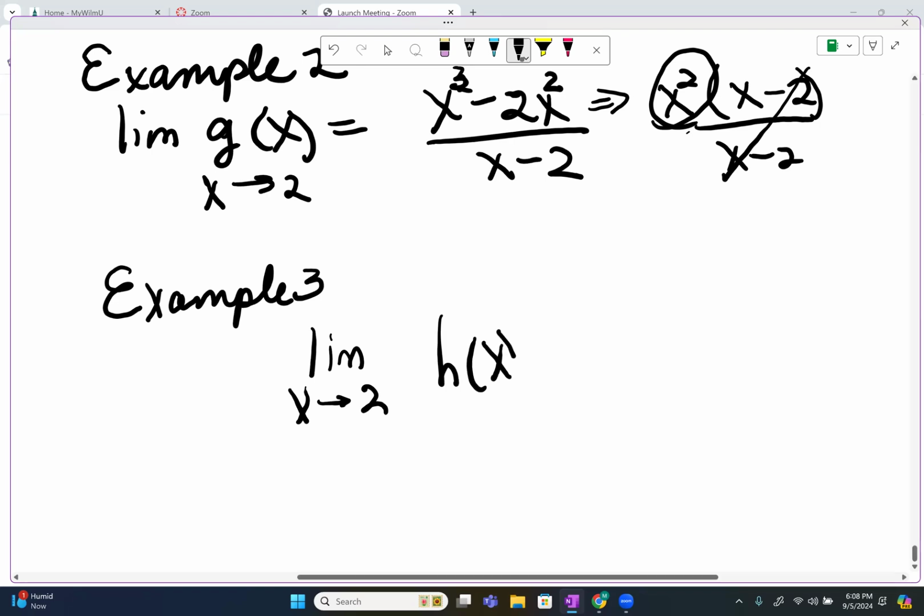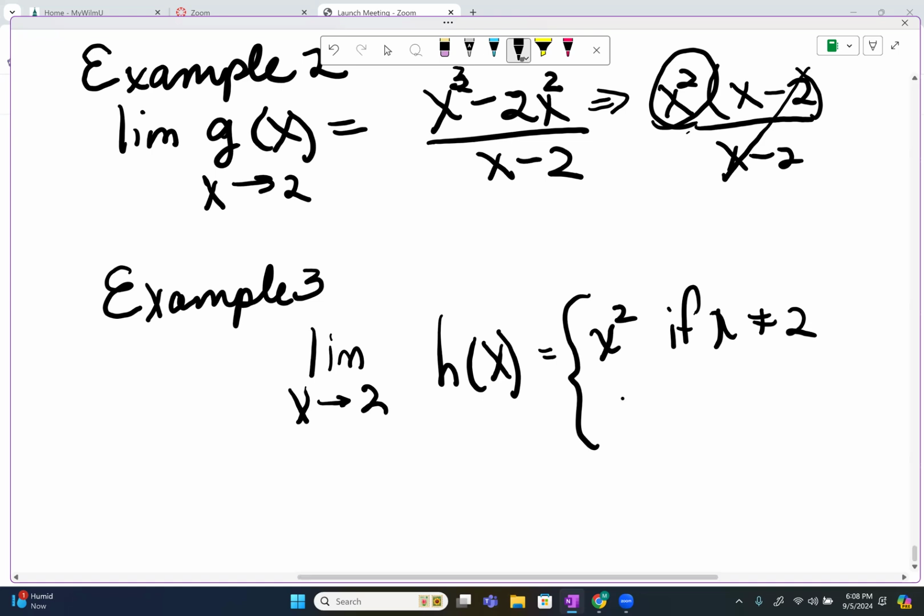Now h of x is a system of equations, or a system. It has x squared if x is not equal to 2, or it's 1 if x is equal to 2. So we call it a piecewise function, basically.